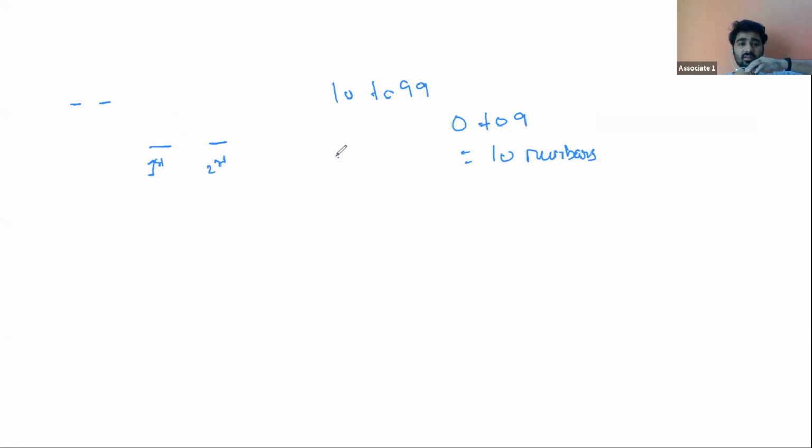Like 13 or 37, this 3 is the first digit. So in the first digit, can you have 0? No, we cannot have 0 over here. So we can have any number between 1 to 9. So I have 9 possibilities over here. In the second digit or second space, I can get 0 as well because we have numbers like 10, 20, 30. So over here, I have 10 possibilities. So 9 into 10, 90. This is how you get it.